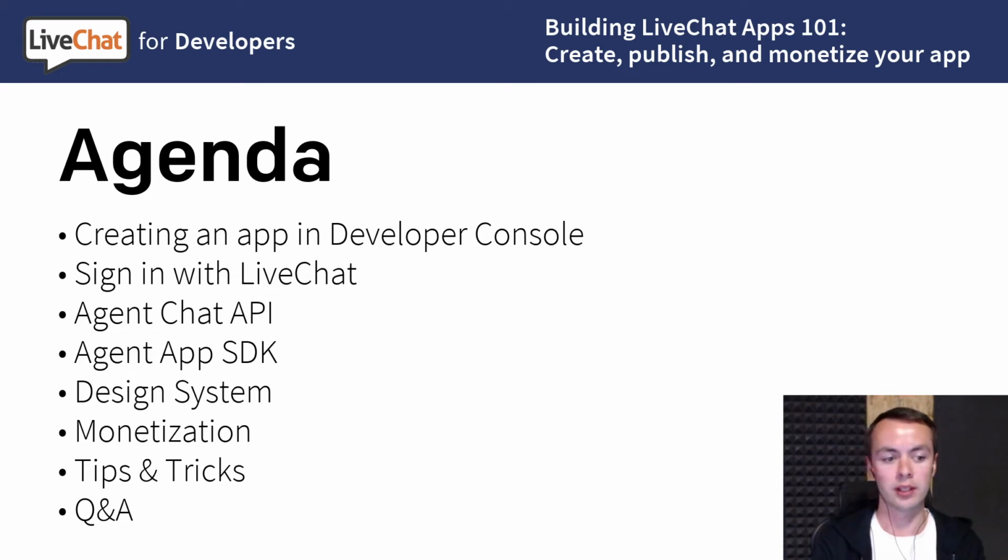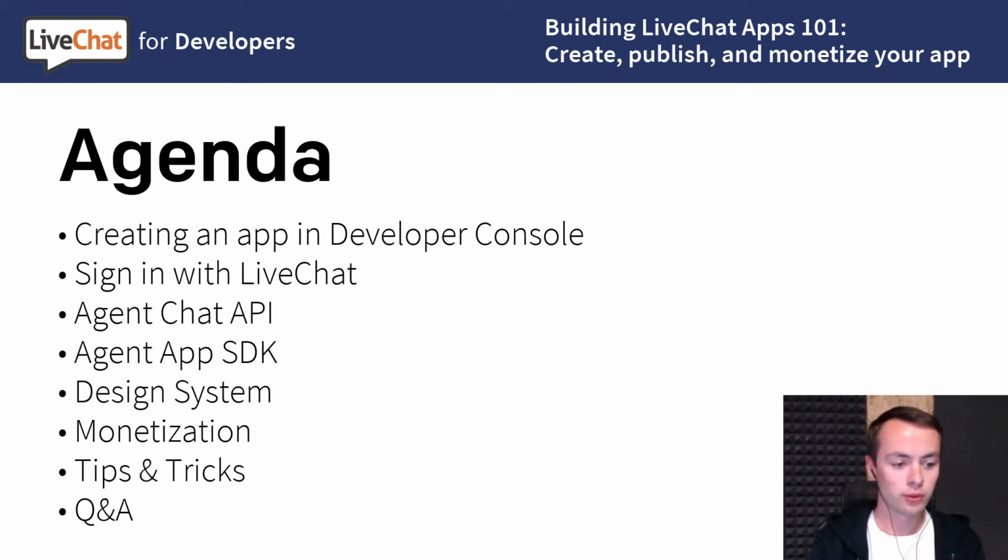Then I will explain how to apply the design system and why it's important. And of course, a very important thing here will be monetization. And at the end, we will have a few tips and tricks from me, and as usual, a Q&A session at the end.